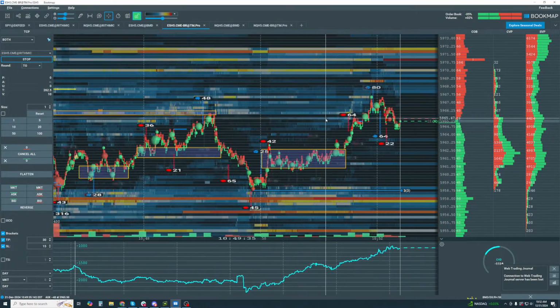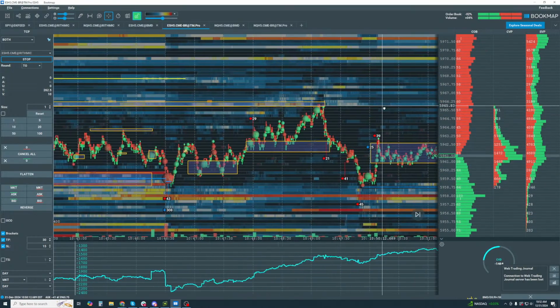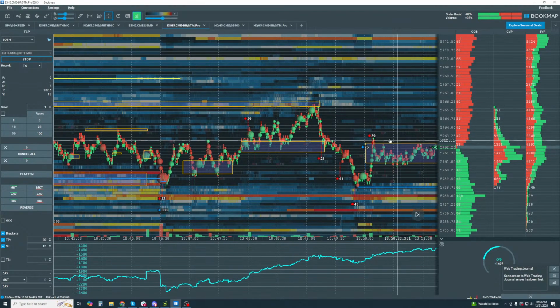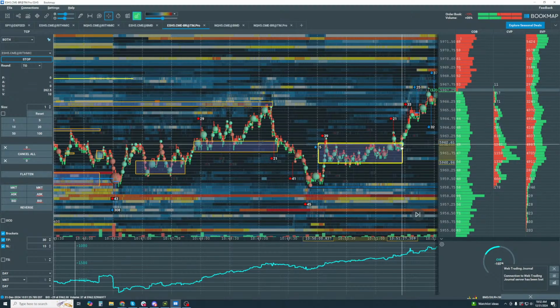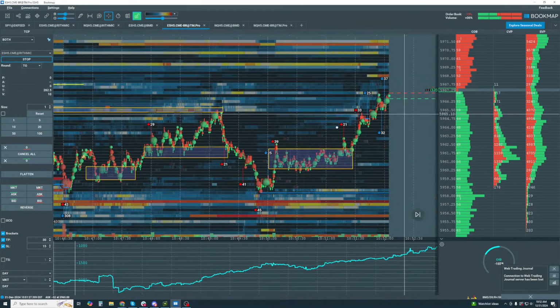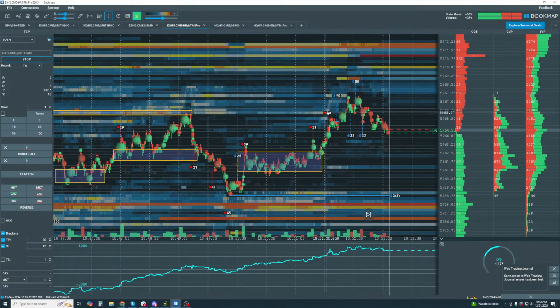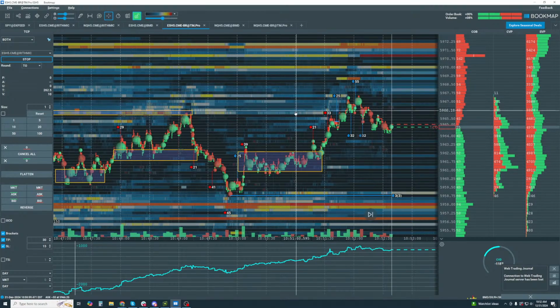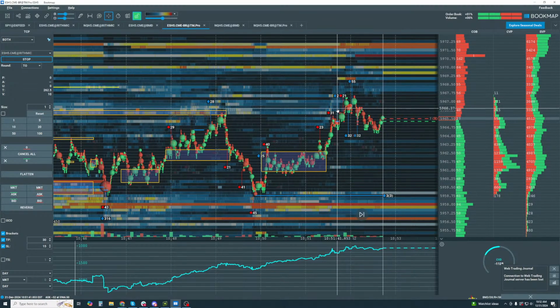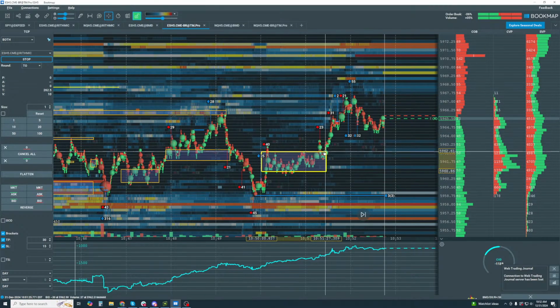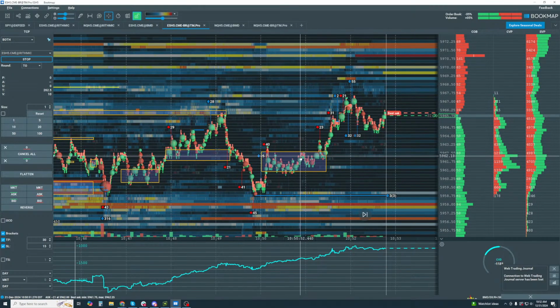Let's go back here. Okay, so here we had that divergence, right? But we also can see this kind of accumulation in here. Now the move has unfolded, and it's traded up into these levels up here. So we know that there's some accumulation in here.